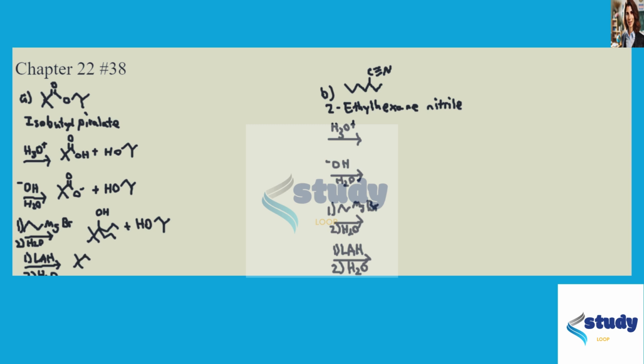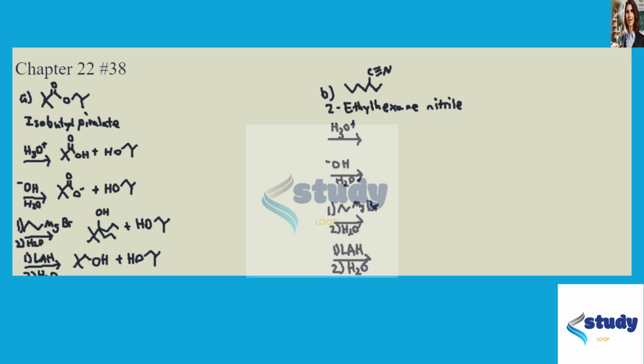So we'll get this alcohol from the left half of the ester, and then we'll get once again this same alcohol that we've had for the first three reactions as well. Okay, so then moving on to B.